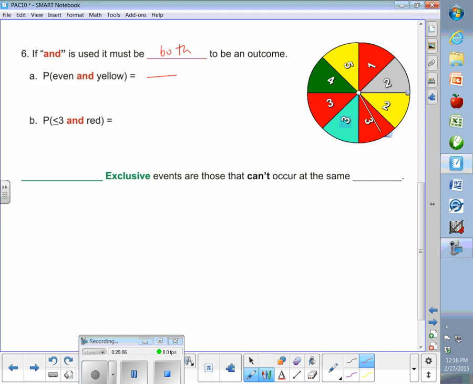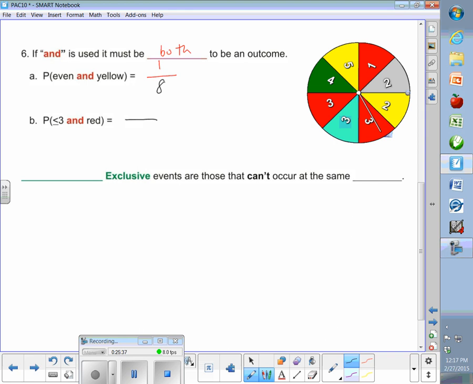Andrew? It can only be the two that's yellow, correct? Because it has to be both even and yellow. And there's only one even yellow spot. So the top number would be just one. And the bottom would be the 8. There's only one thing that can turn out to be both yellow and even. So it's a 1 in 8 probability.